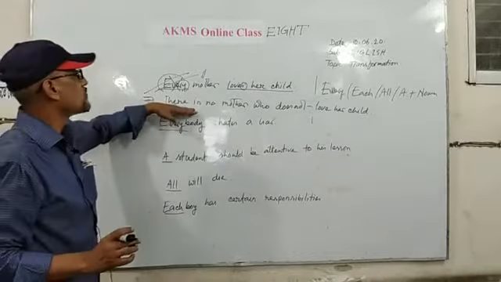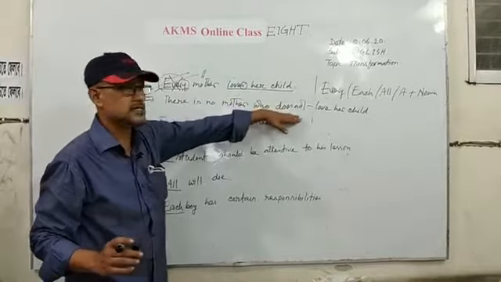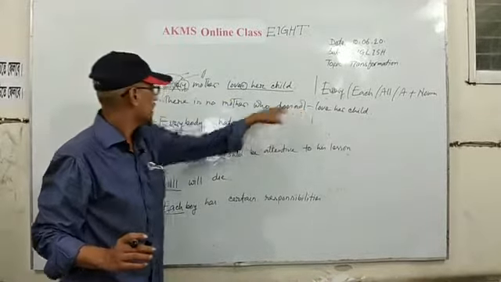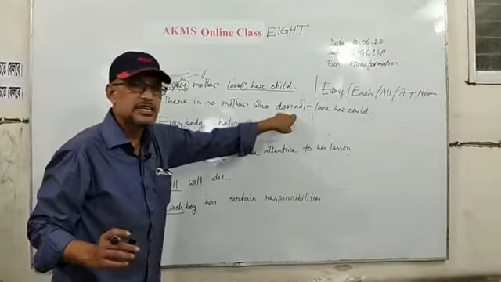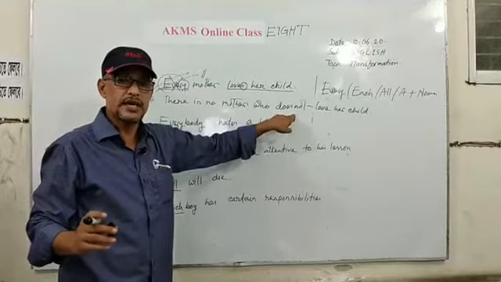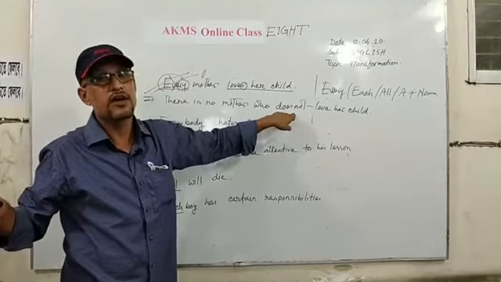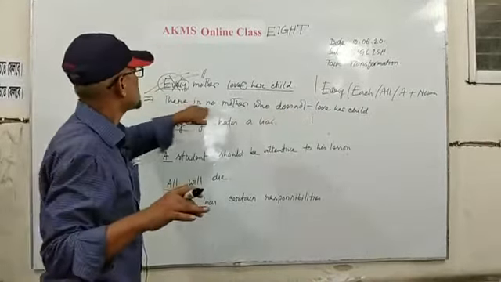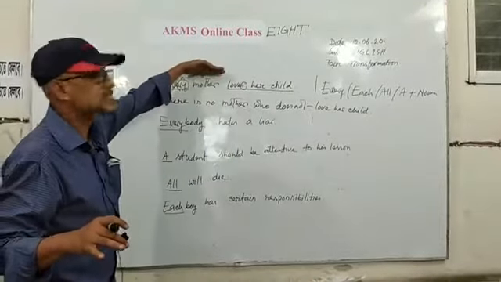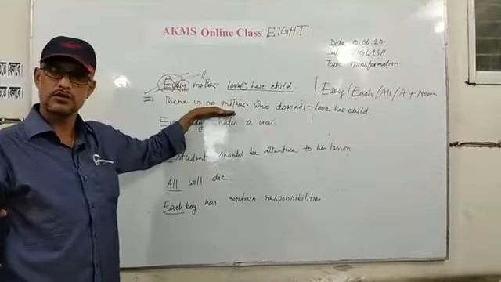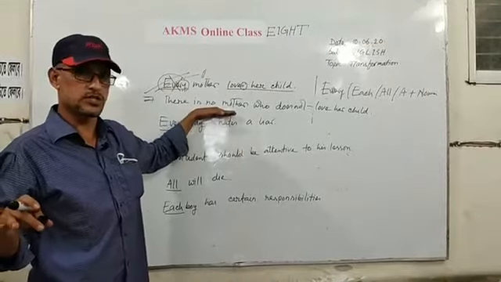There I have used who does not. It is negative form, and it is also negative. I have told you two negative forms make a sentence affirmative. There is no mother who does not love her child. You can transform this sentence into negative by following these rules also.